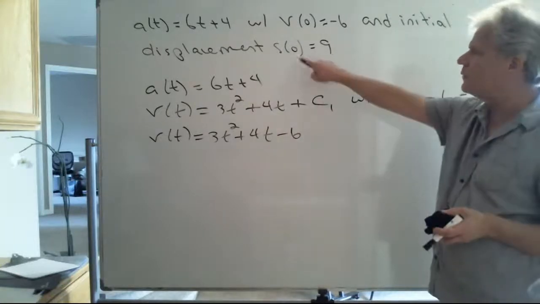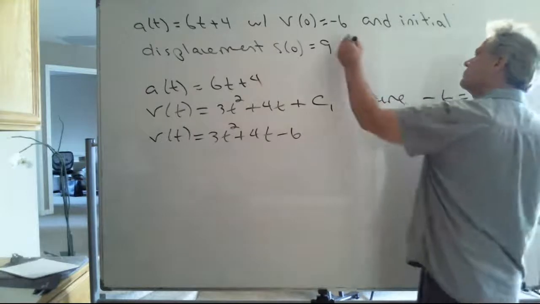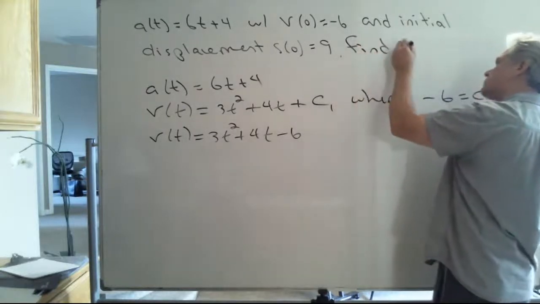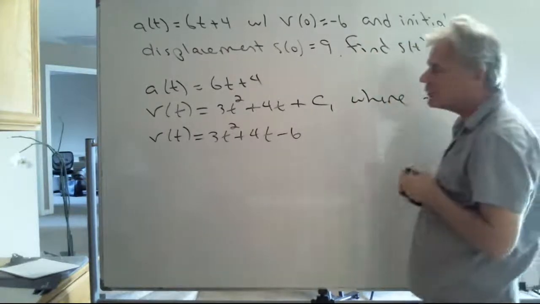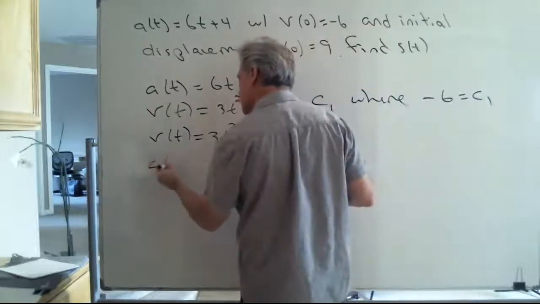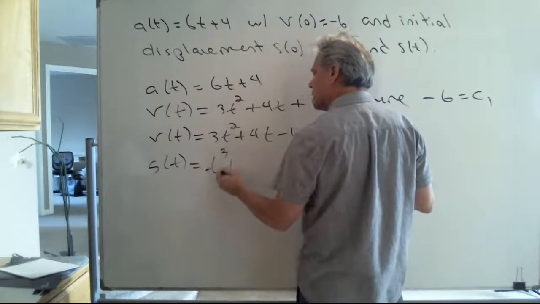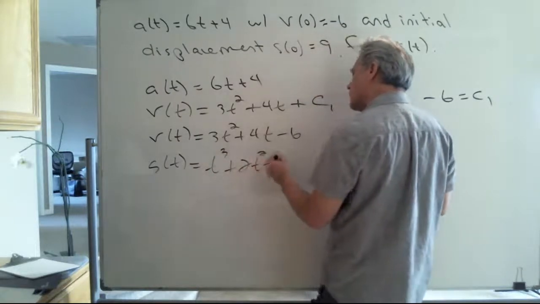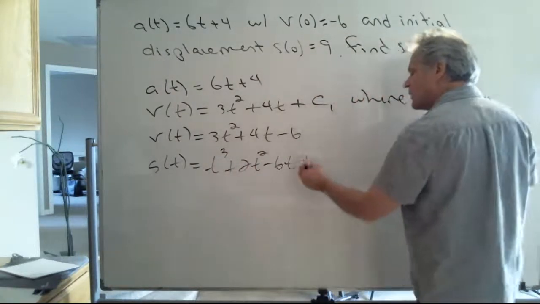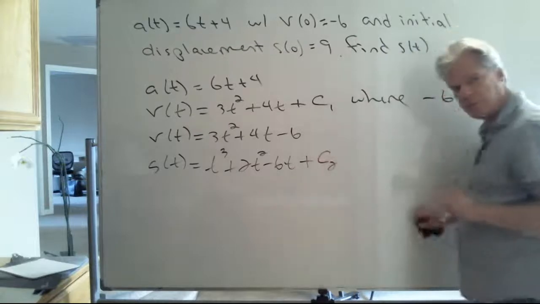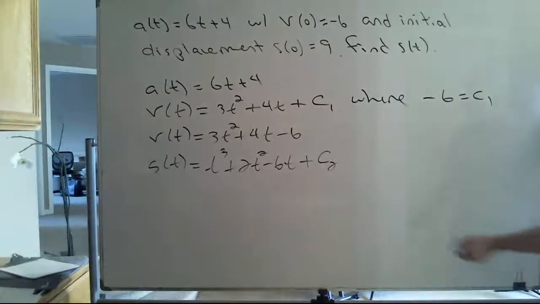So now to come up with the position function, let's go ahead and anti-differentiate again. Using the power rule, is that going to give me this? But don't forget, we've got to tack on that constant of anti-differentiation. It's the second one, so I'll call it c sub 2.